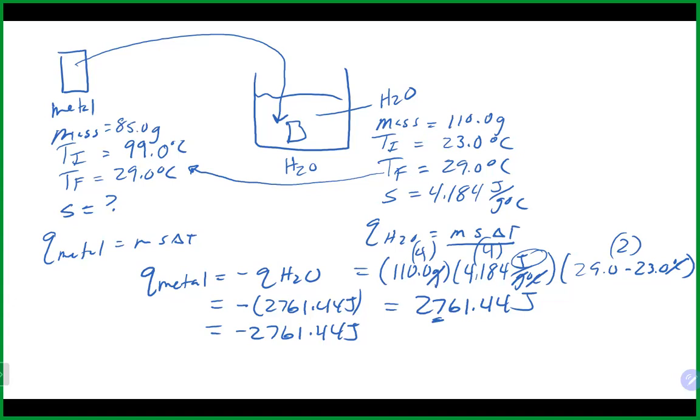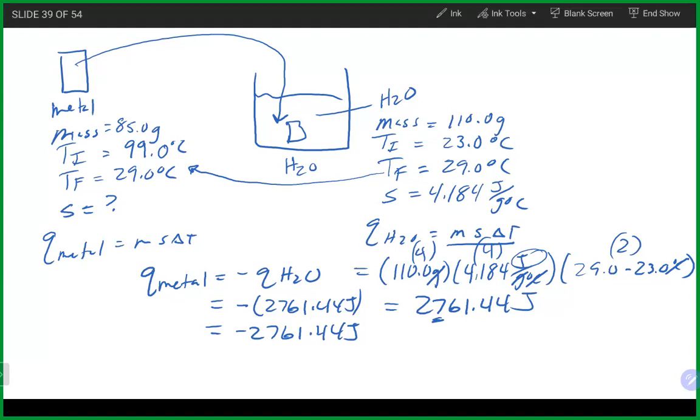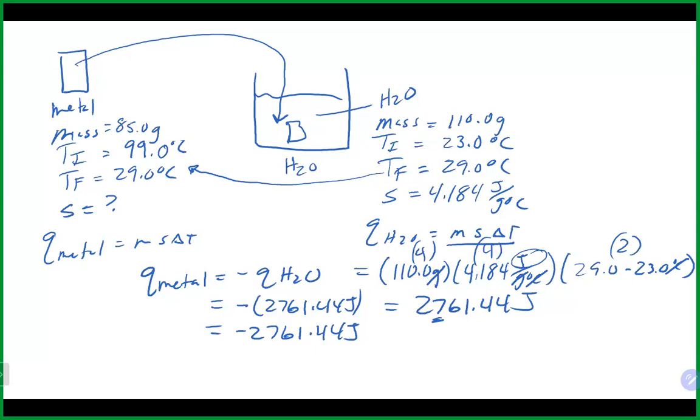That's important because now when we look at our specific heat equation for the metal, we now have the Q of the metal. We know the mass of the metal. We have the final and initial temperature. That is going to allow us to actually solve for the specific heat capacity of our metal, which is ultimately what we're looking for in this problem, and also your lab as well.